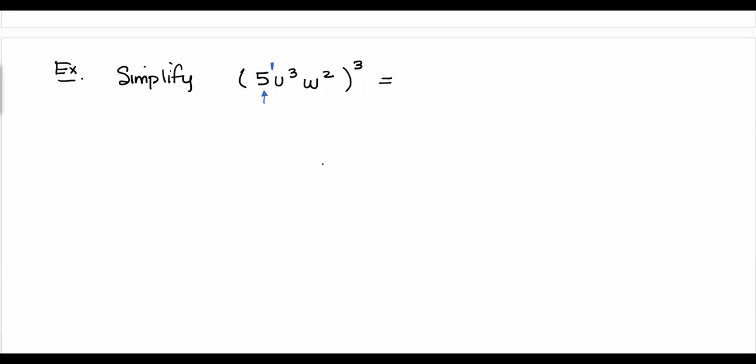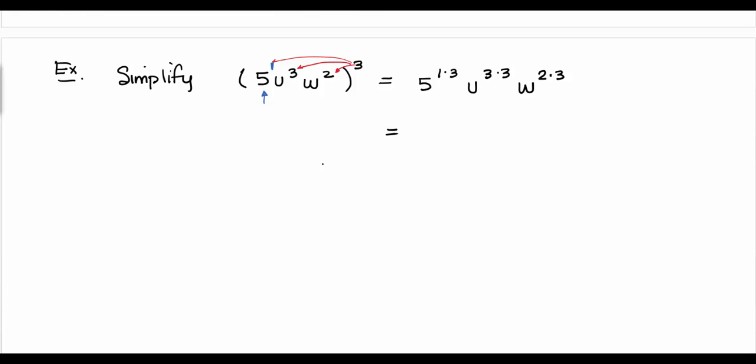Now what I'm going to do is take each one of these and multiply it out. So it's like saying I have 5 to the 1 times 3, u to the 3 times 3, and then w to the 2 times 3. Right, so this 3 gets multiplied with each exponent: with that 1, with the 3, and with that 2.